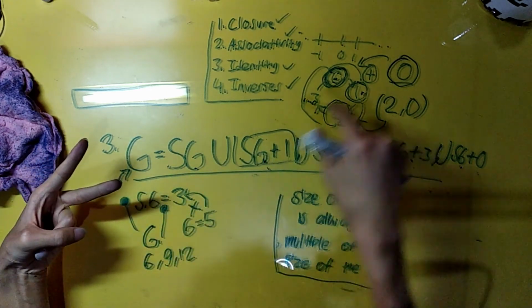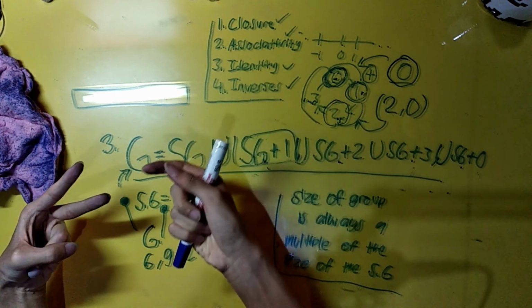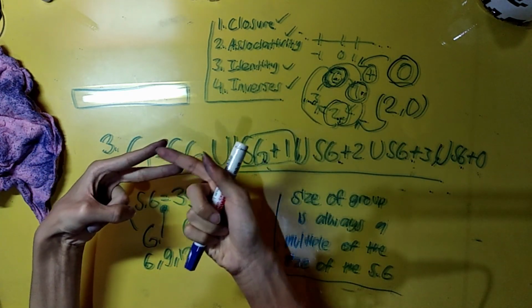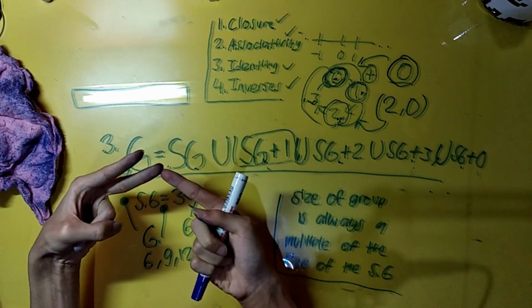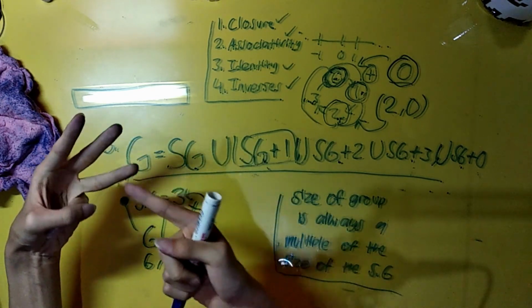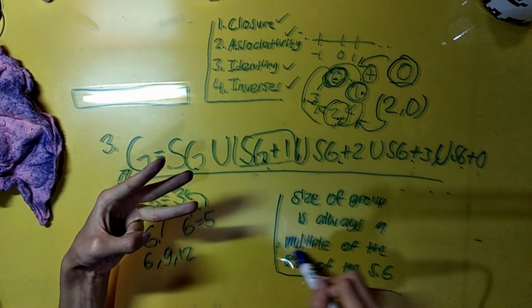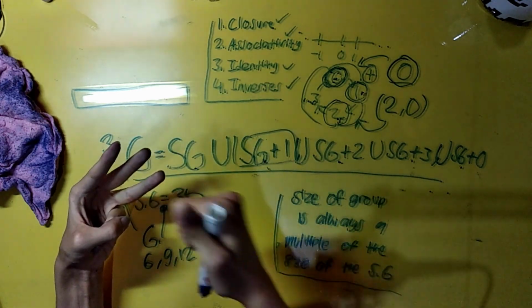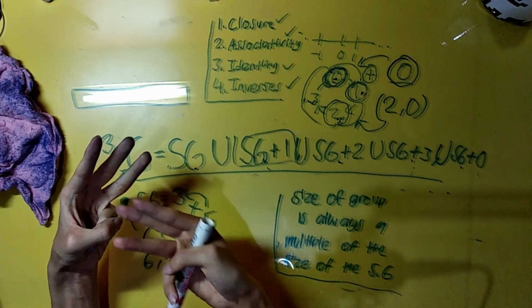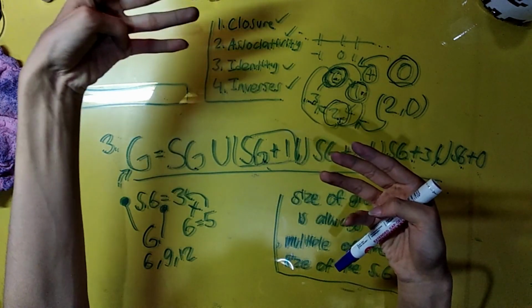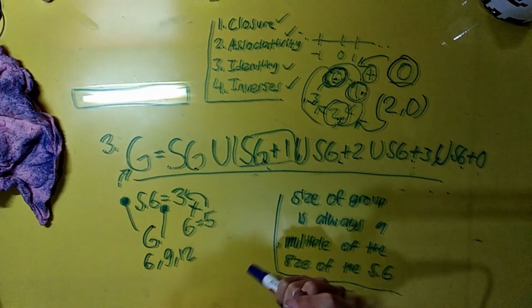Number 2, the last element that you generate from rule number 1 is always going to be the identity element. Number 3, size of the group is always a multiple of the size of the subgroup. Cool, so these are the 3 rules that groups follow once you have identified that it is properly a group.